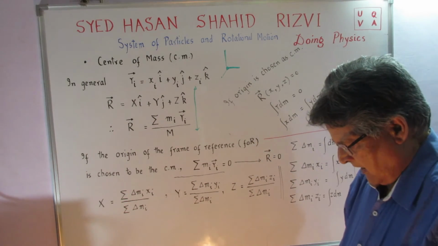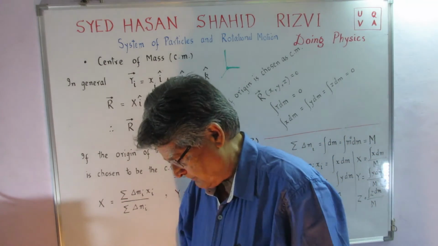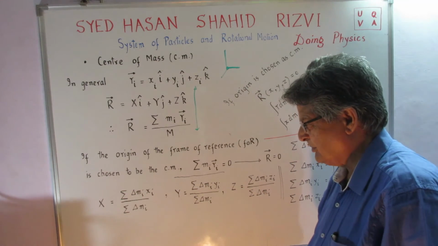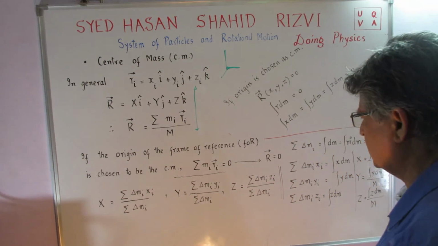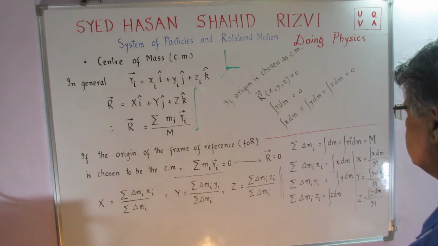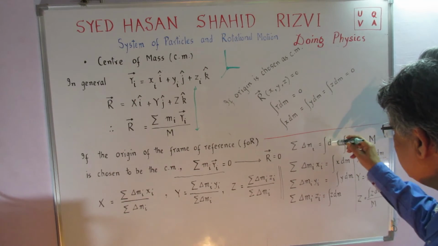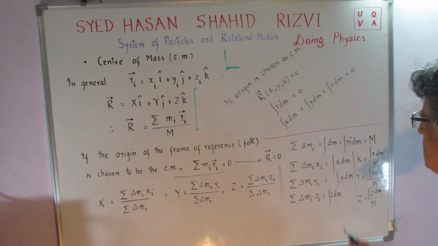Okay, and if I say that this delta m is infinitesimally small so that all particles can be taken into consideration, what we get is that sigma m_i is equal to integral dm, over all the particles of course.